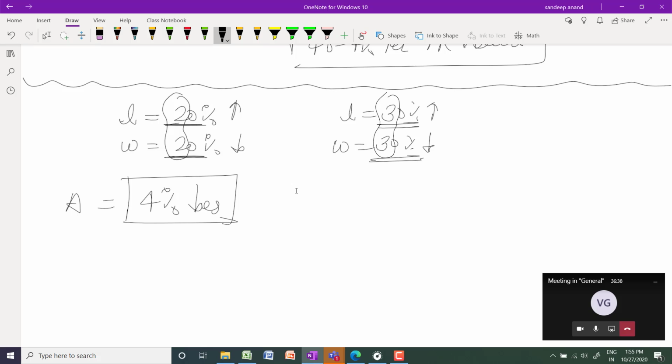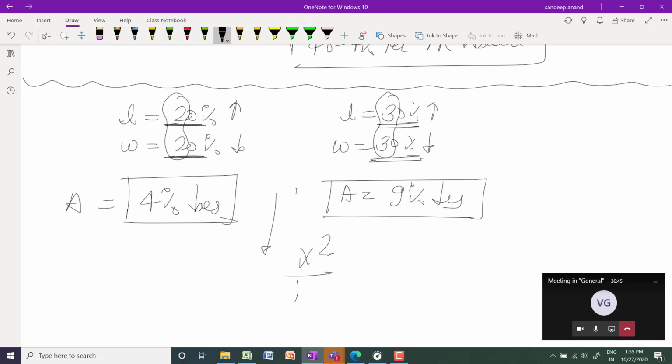Here 3 into 3 is 9. It means your area decreased by 9%. You can check it. The formula from here is x square by 100. Whenever it is x square by 100, you always incur a loss, or decrease in value. You never find an increase in value or profit.